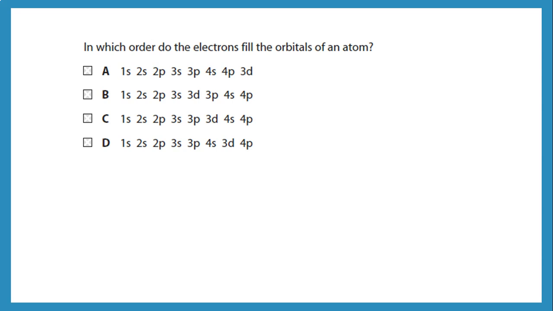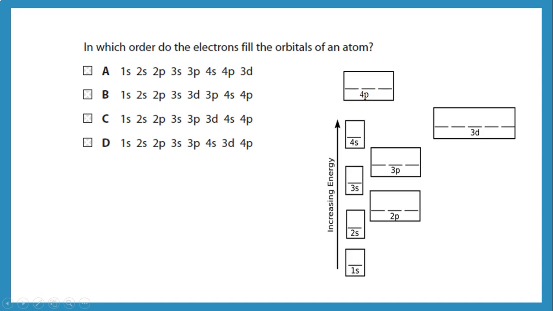In which order do the electrons fill the orbitals of an atom? We said when we're filling the electrons, what is the order of the orbitals that we fill? We need to fill the 1s first, and then the 2s, and then the 2p, and then 3s, and then the 3p, and then 4s, and then 3d.